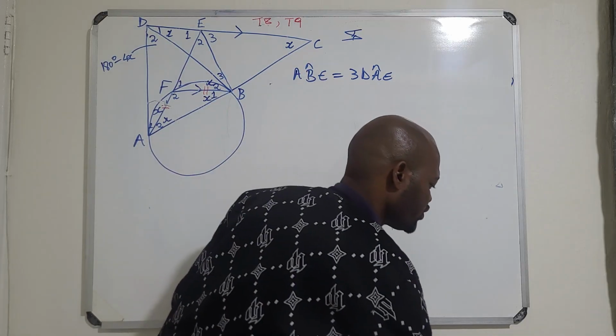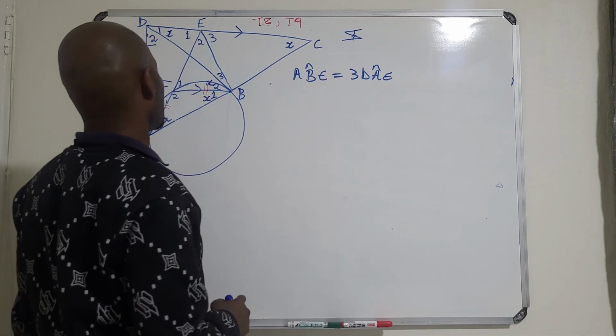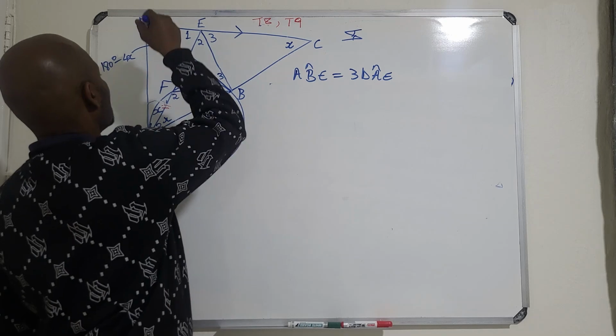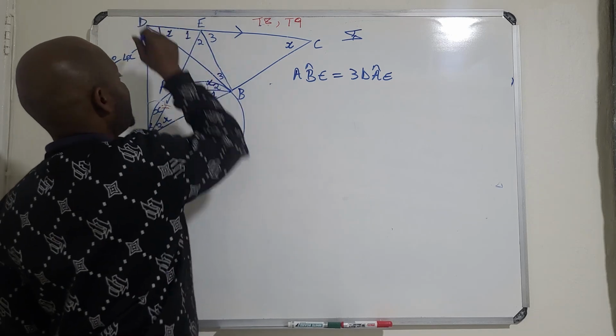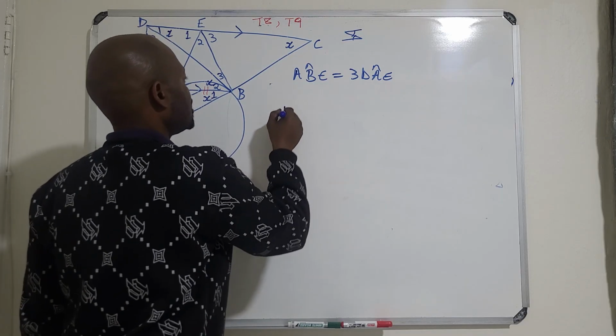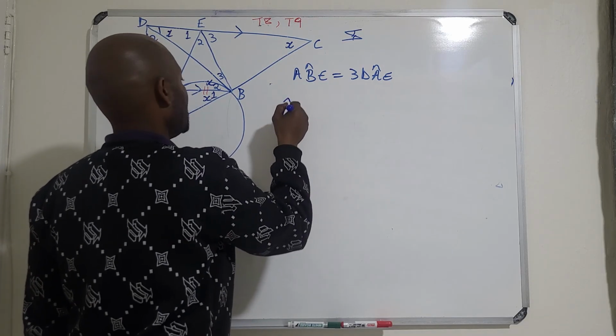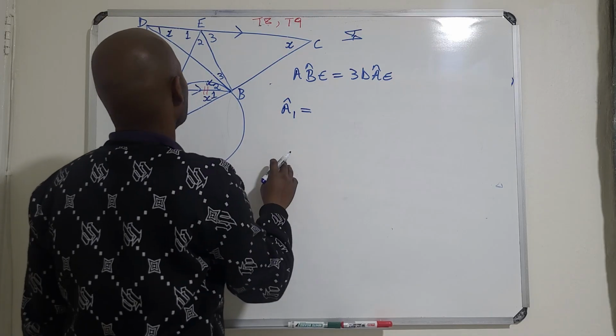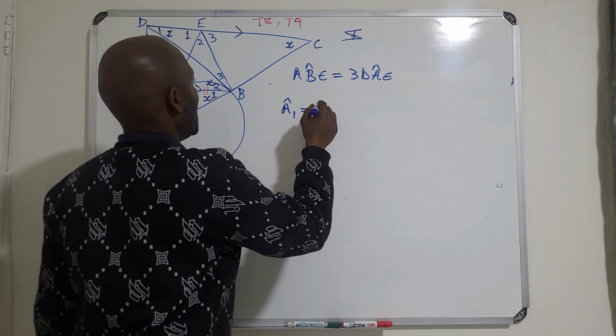And for us to prove that, we need to start. Since ABED is a cyclic quad, it means that angle A1 is equal to angle B3.